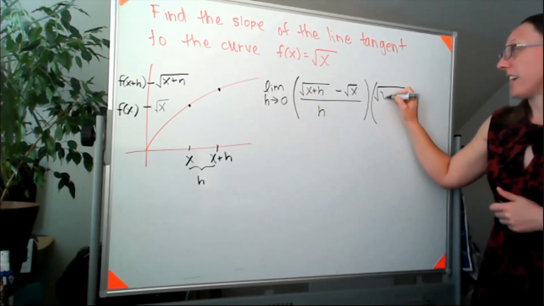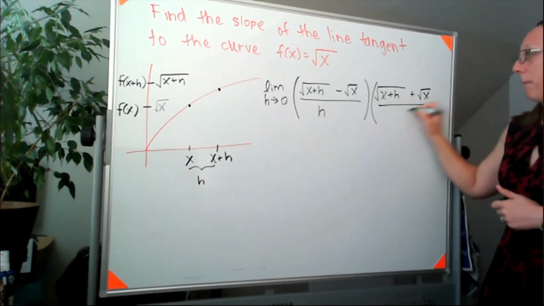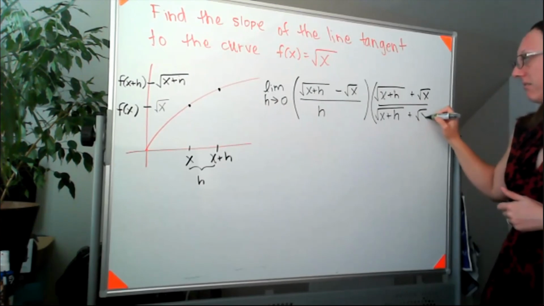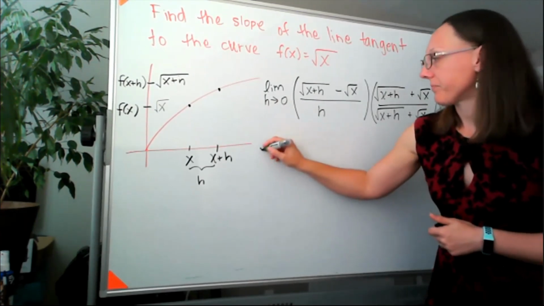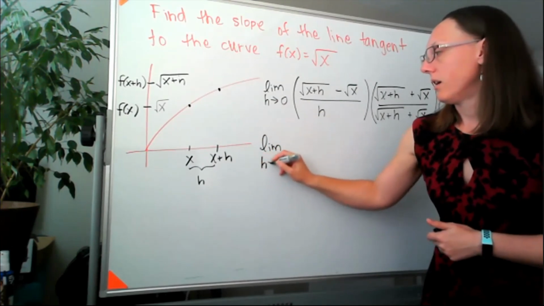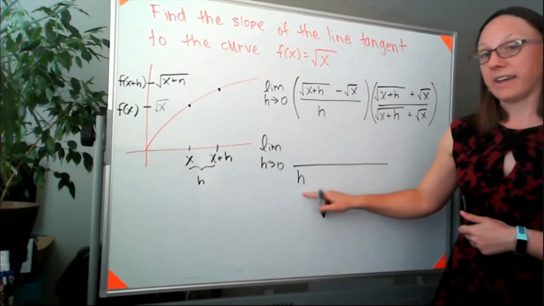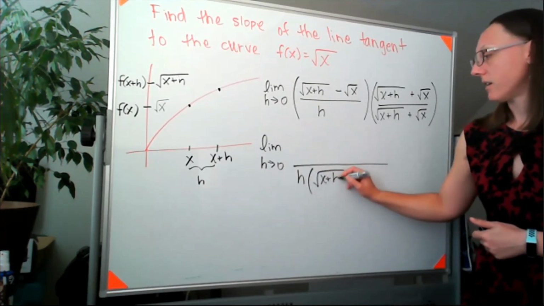Multiplying by the conjugate here looks a little bit messier at first, but it's not a whole lot messier. I'm going to leave the denominator alone, again, because I want that h to go away, so I don't want to distribute it in.